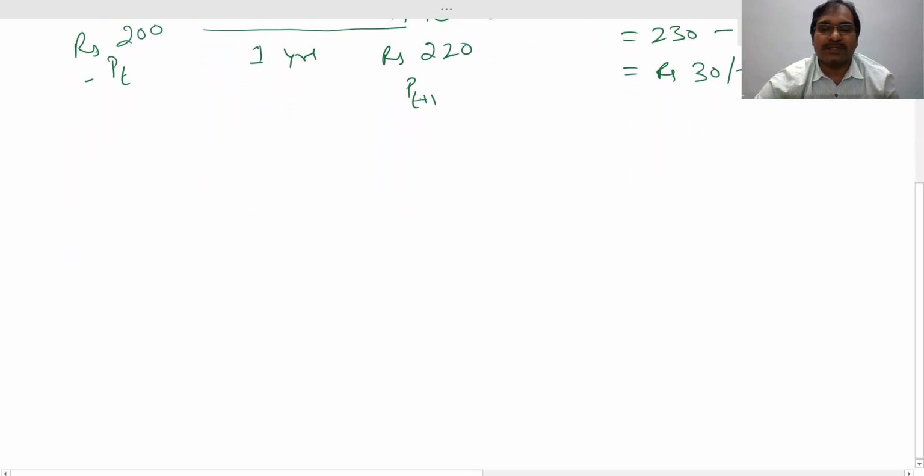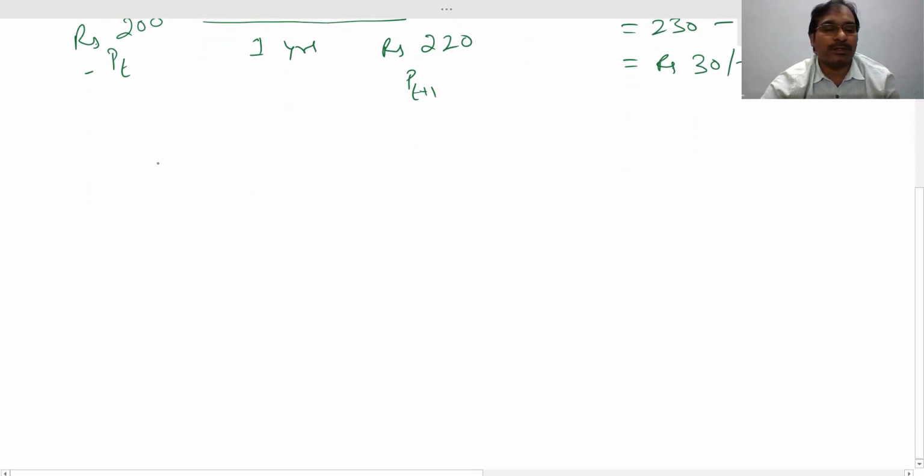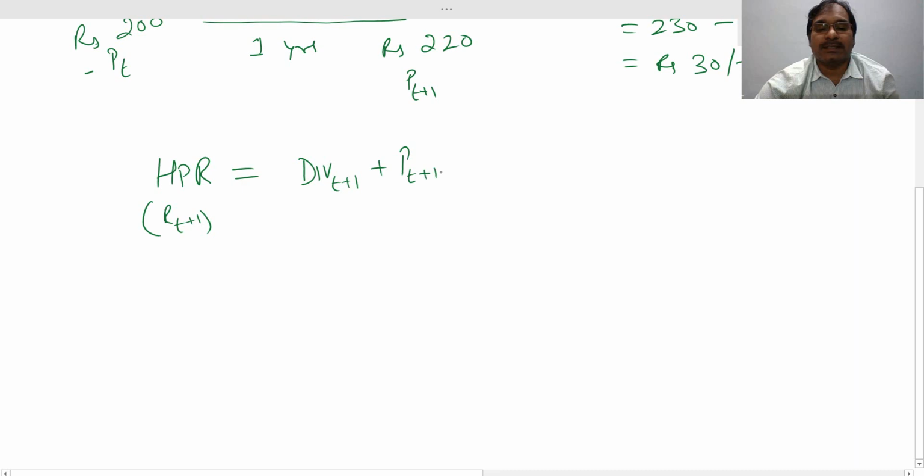When we express this in percentage terms, we use a different equation, that is to calculate a holding period return: dividend plus price at T plus 1, that is the current price, minus previous price, and this divided by previous price into 100.